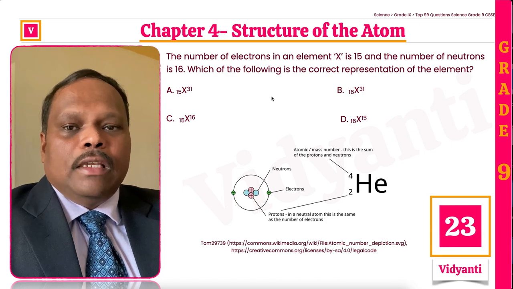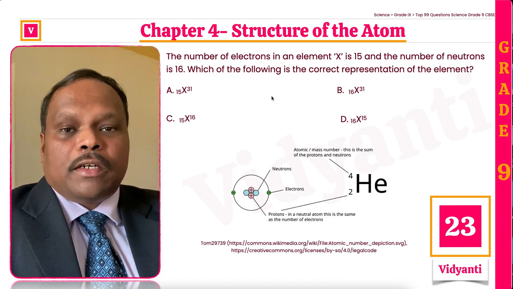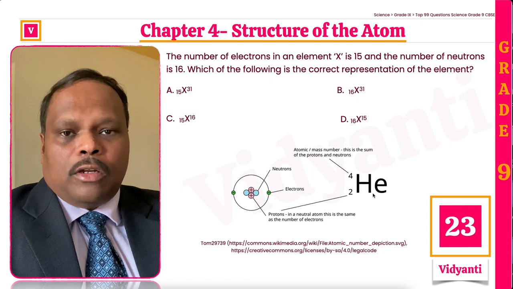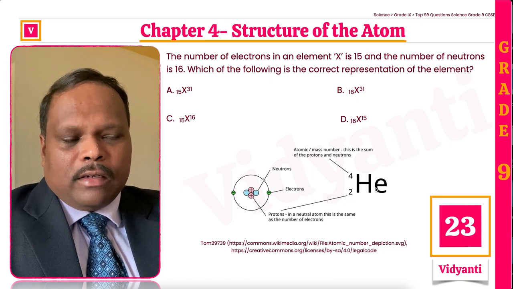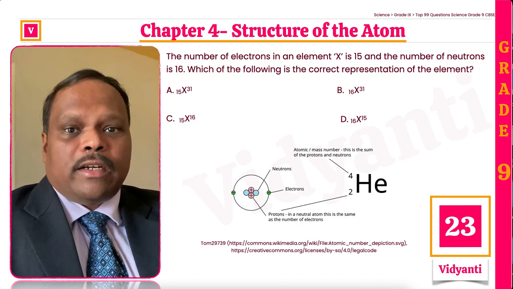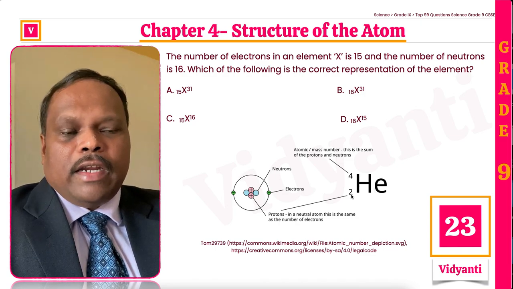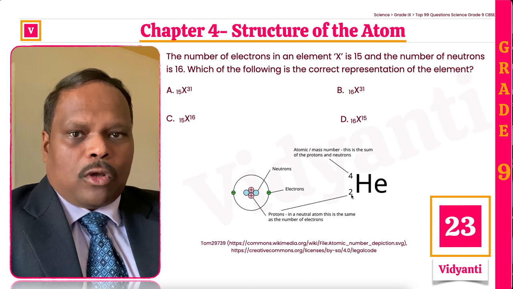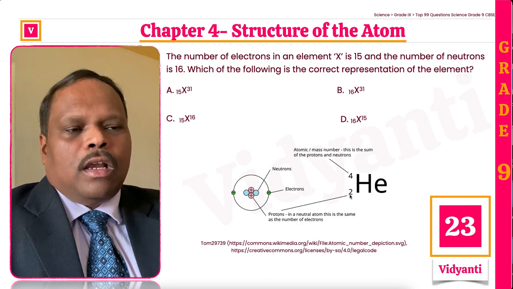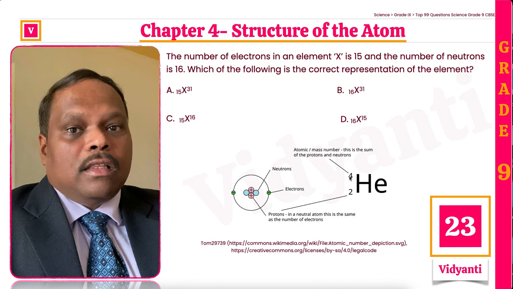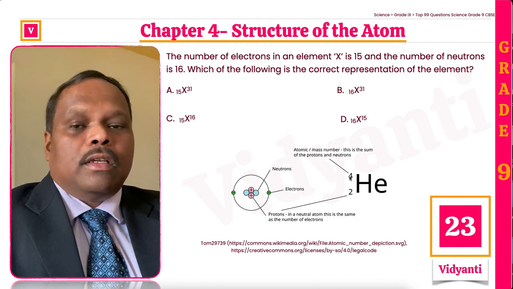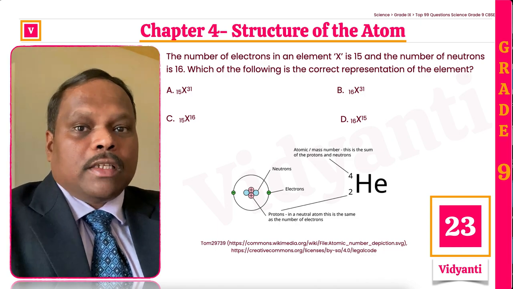So how will we present this in terms of an atomic symbol? Normally we write the symbol here. This is not given, so let's assume that it is X. Here we'll write the atomic number, which is the number of protons or the number of electrons, whichever way, and at the top we'll write the total number of particles in the nucleus, which is protons plus neutrons.